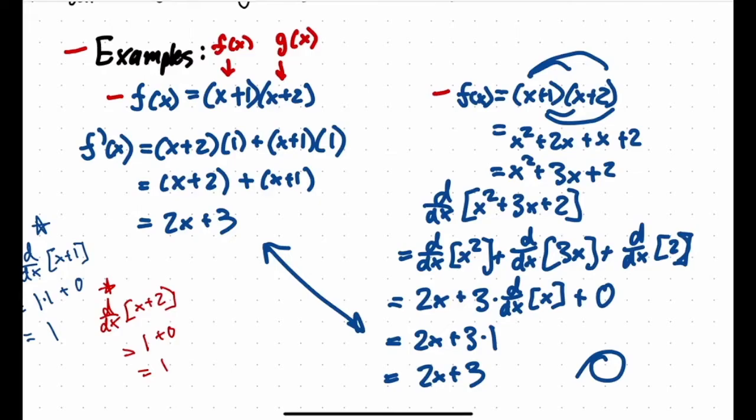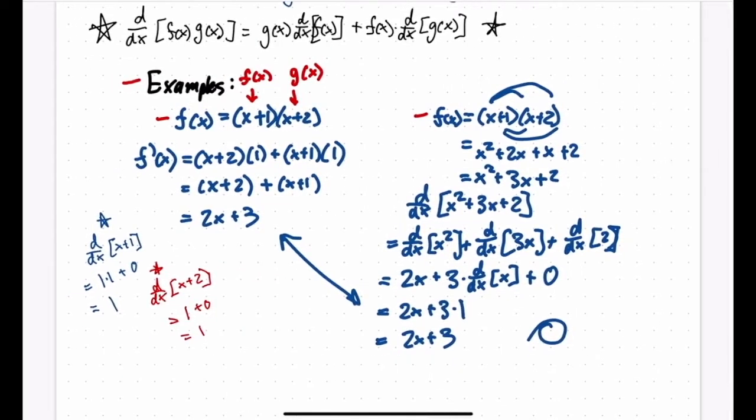But as I said at the beginning, sometimes you have two functions that are not able to be multiplied together. If you had a sinusoidal function as well as an algebraic one, then those two would not be able to be multiplied together, and then you would definitely have to use this first rule that we talked about. But either one of these are okay, so long as these two are able to be multiplied together.